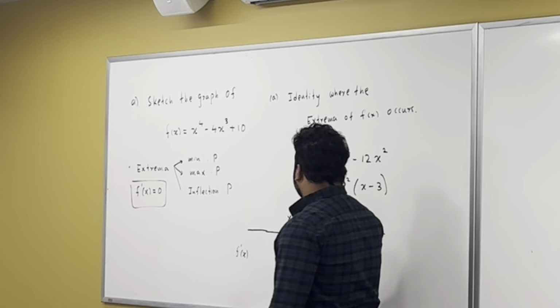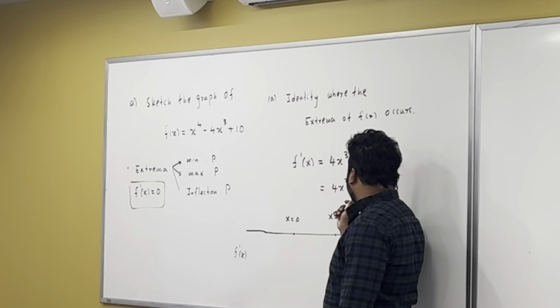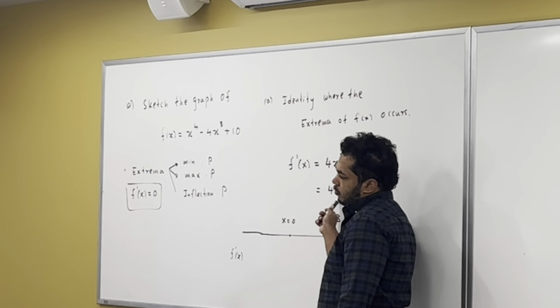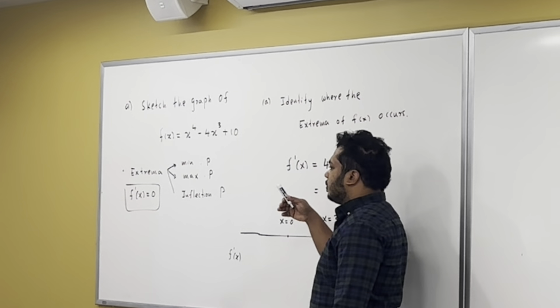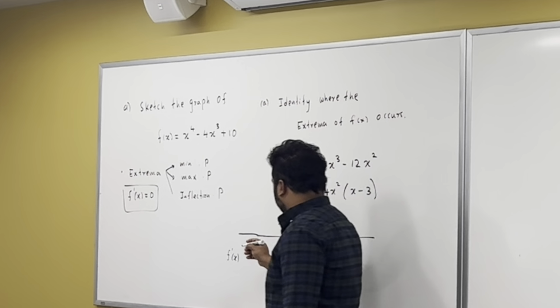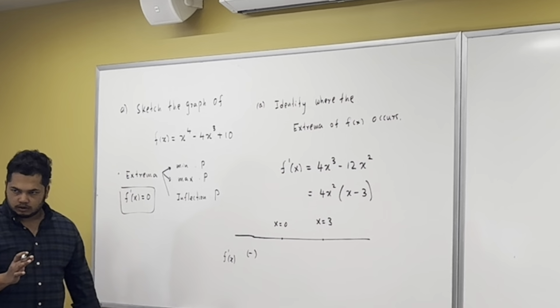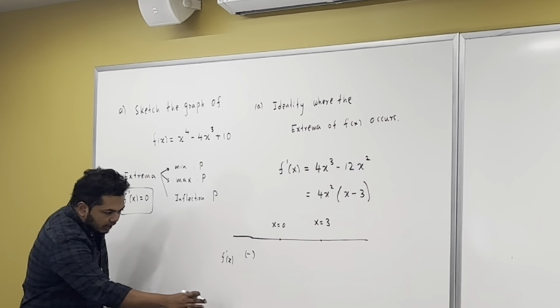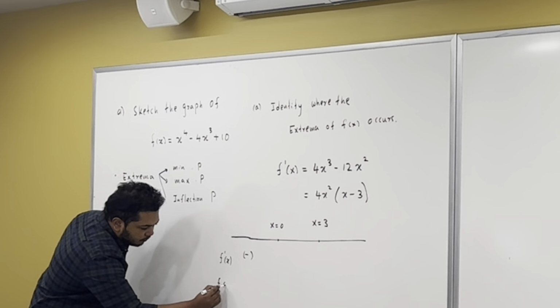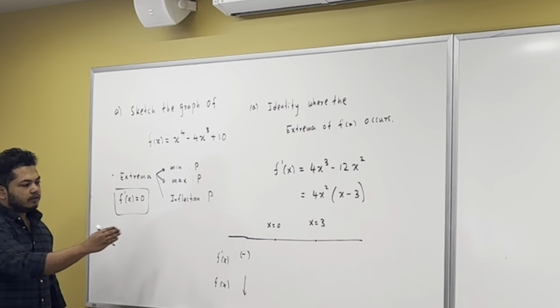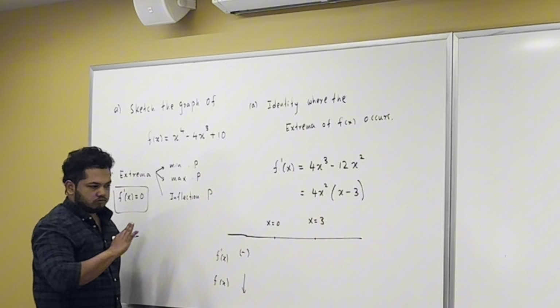If you plug in -1, this becomes negative and this is always positive. So the derivative is negative. Agree? If the derivative is negative, your function is decreasing, from negative infinity to 0.